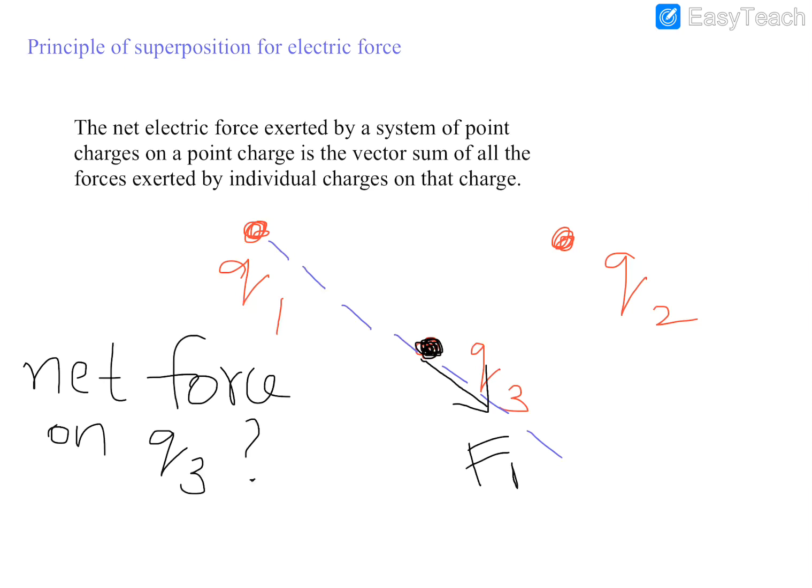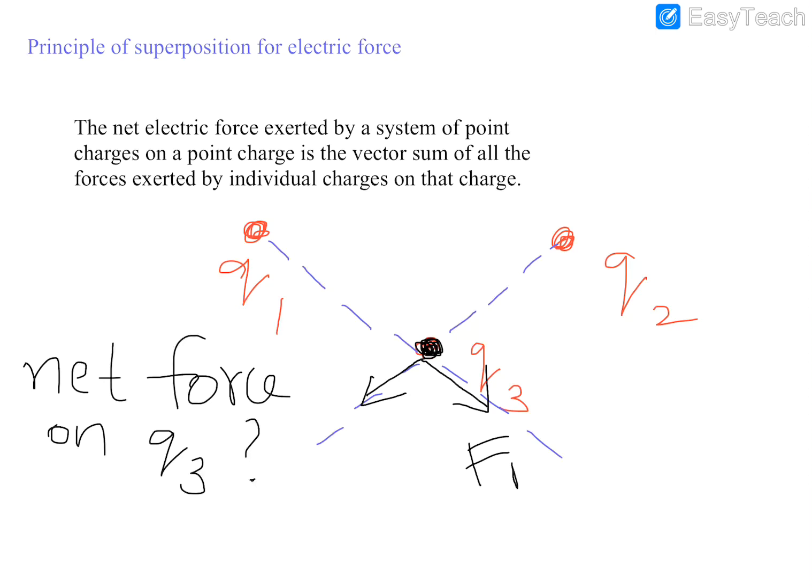In the same way, there will be a force exerted by Q2 on Q3. For finding that, first draw the line joining Q3 and Q2. Now in this line joining, since Q2 is positive and Q3 is also positive, there will be a repulsive force. So the force exerted by Q2 on Q3 will be repulsive. Repulsive means it will be away from the charge which is exerting that force.